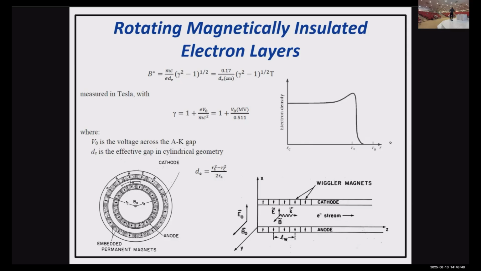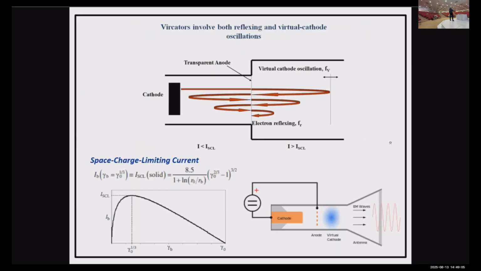Is it going to be sent into the interaction region with some axial speed, or is it going to go in a helical direction? And this is going to contribute to your RF generation.